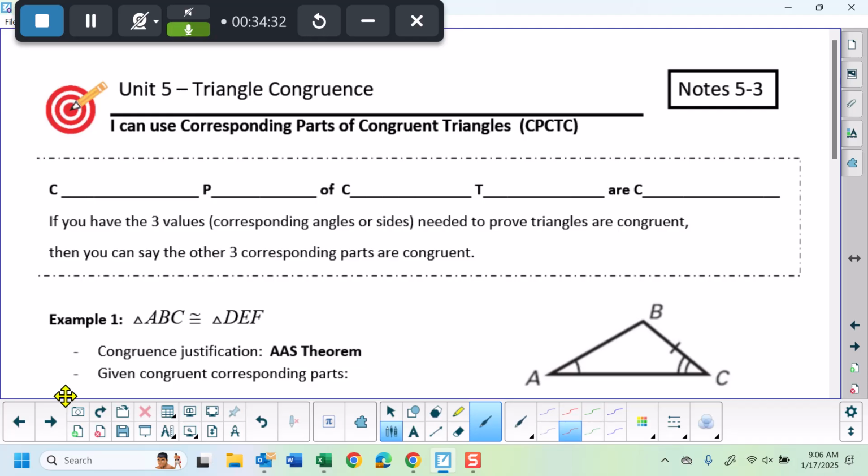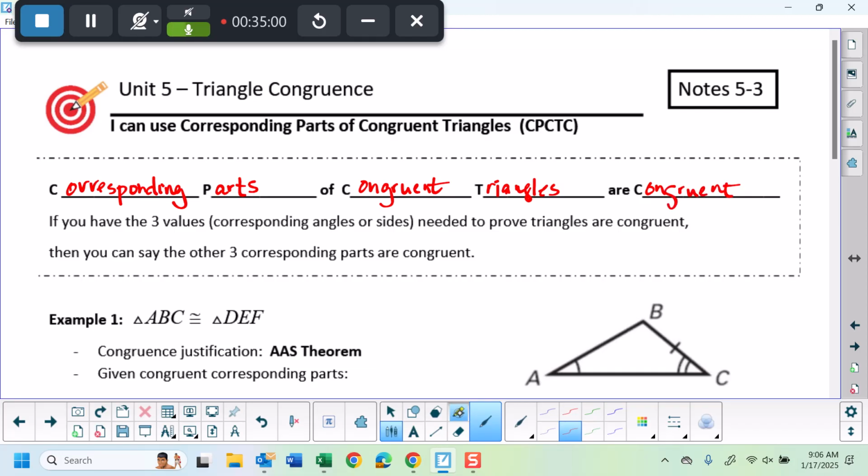So what we know now is that if I can prove those 2 triangles are congruent, then corresponding parts of congruent triangles are congruent.